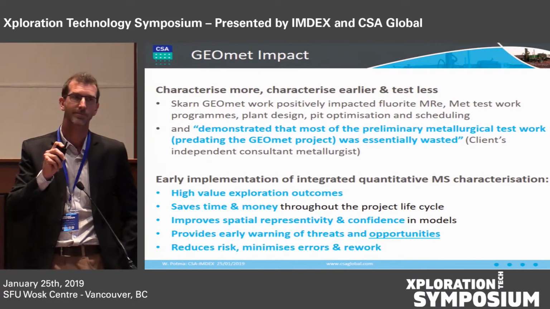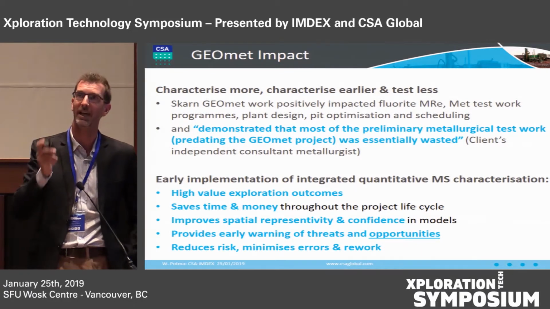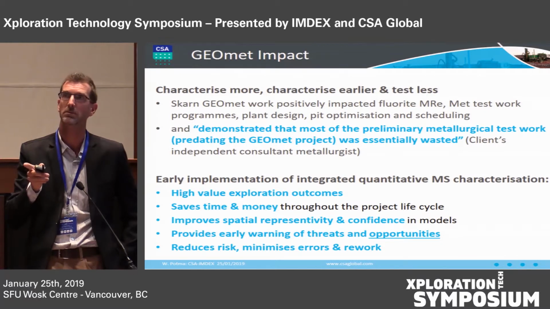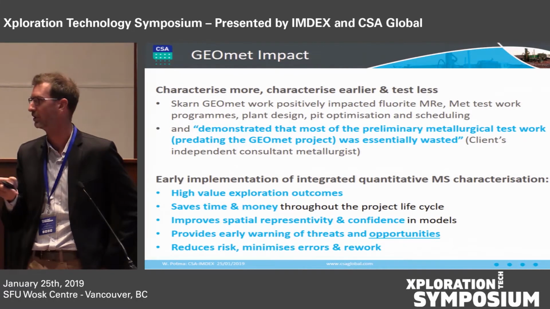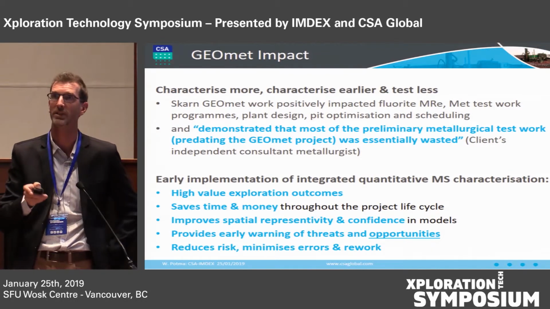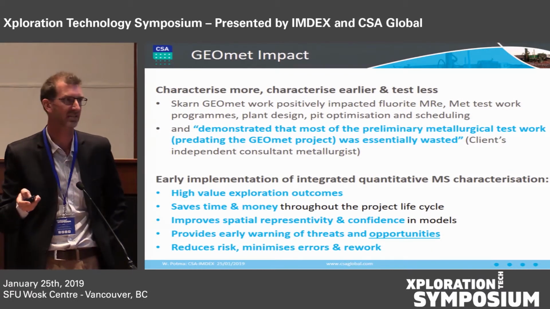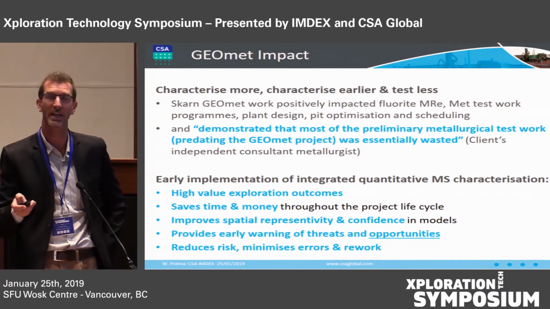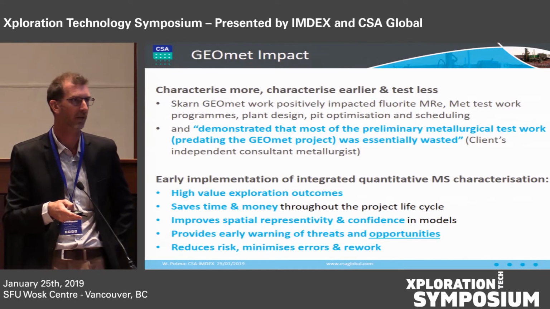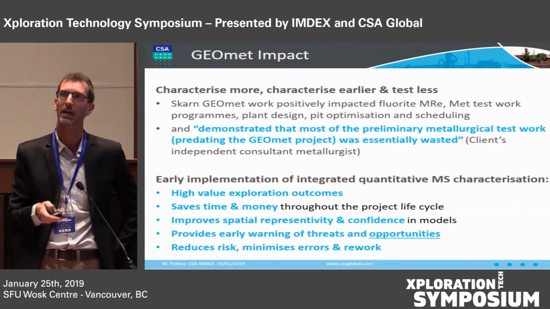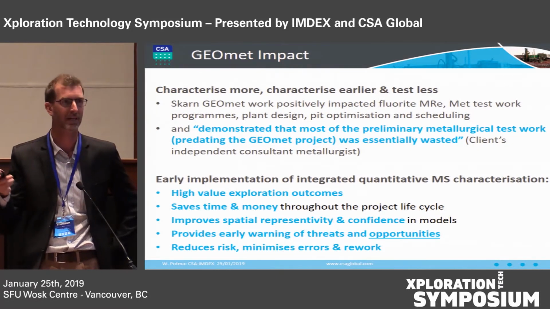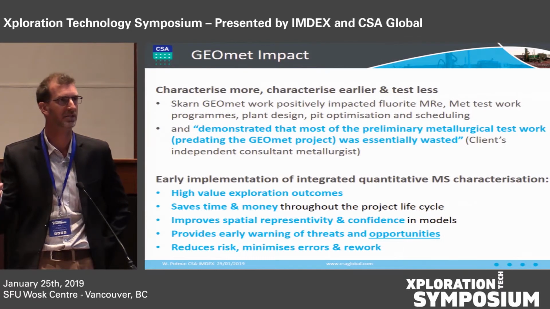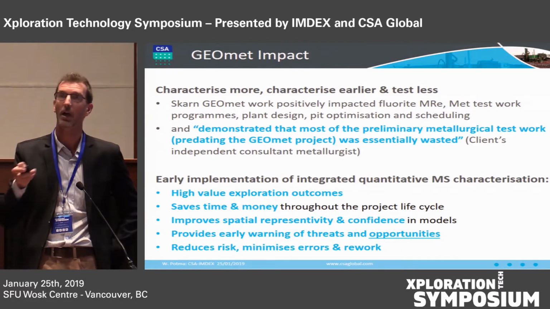So the takeaway message is you've got to characterise more, characterise earlier with good quality geological analysis methods, quantitative methods, and actually test, in terms of metallurgical test work, less. It's cheaper in the long run, it gives you more information early, and it enables you to demonstrate quantitatively why you should make the decisions you make at each decision point through the mining value chain.